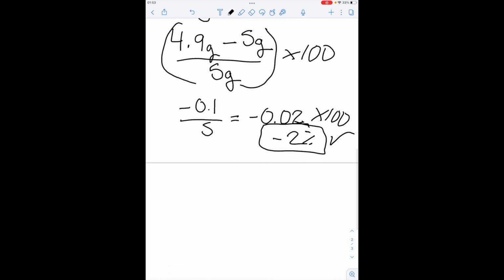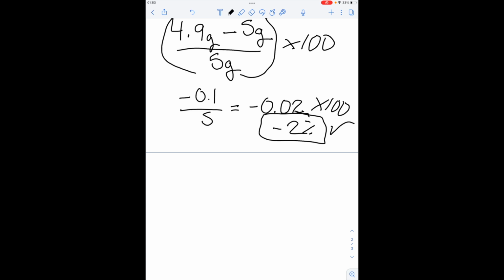Okay, so here our expected amount was 5 grams times 5%, 0.05. And if we do that, we get 0.25.